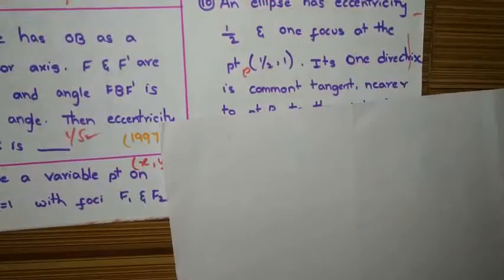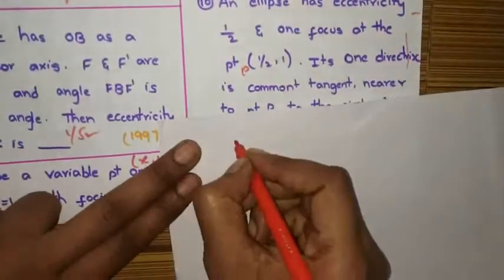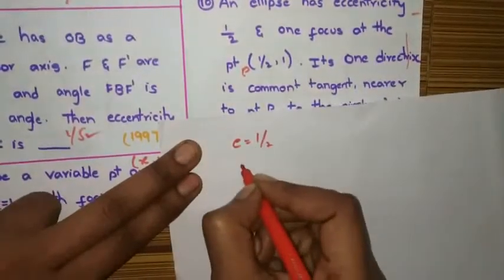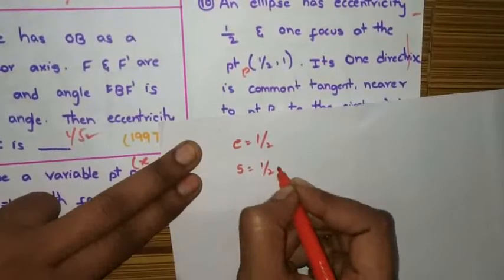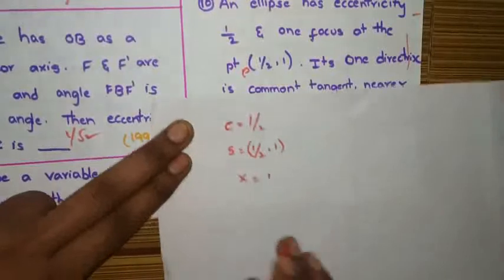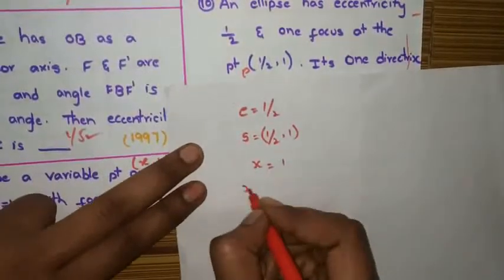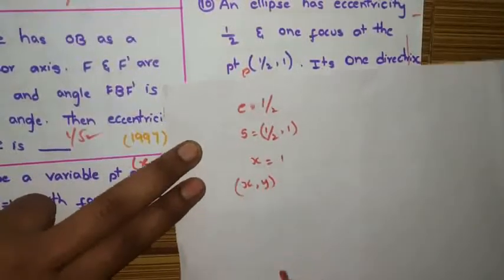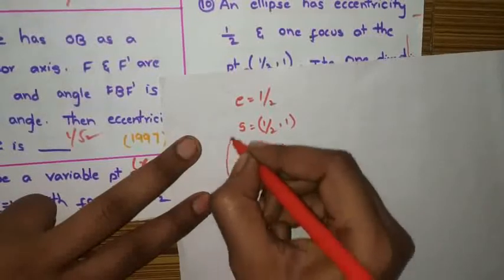Okay. See here, I will do it. Eccentricity is 1 by 2. Focus is 1 by 2 comma 1. And the directrix is x is equal to 1. Now take a variable point x comma y. Now calculate the distance.